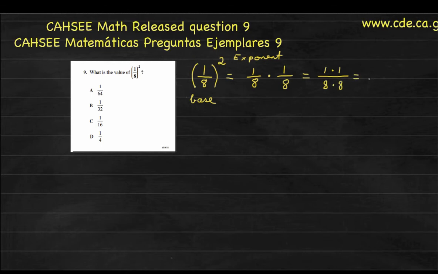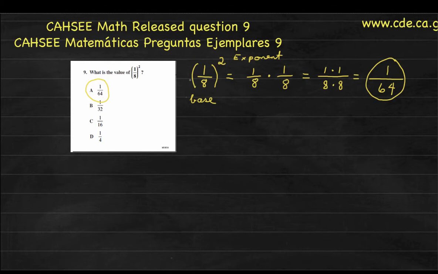And so 1 times 1 is 1, and 8 times 8 is 64. And that's it. I've got the answer. Now I locate the answer in the answers that they give me, and I see it's the first answer, A.